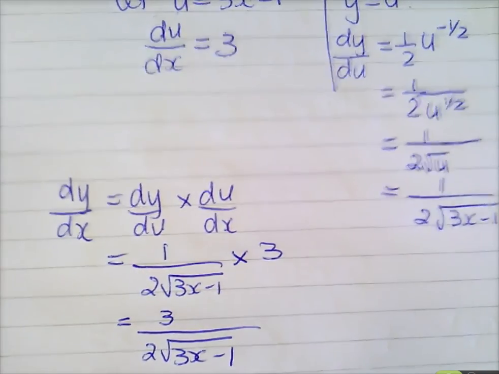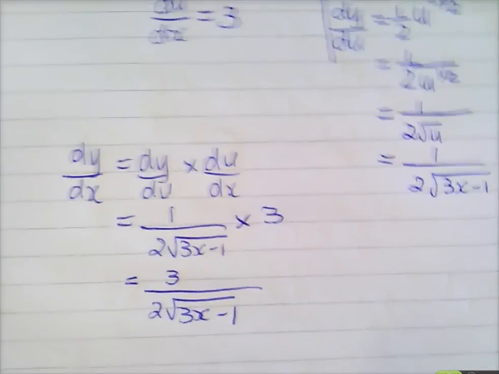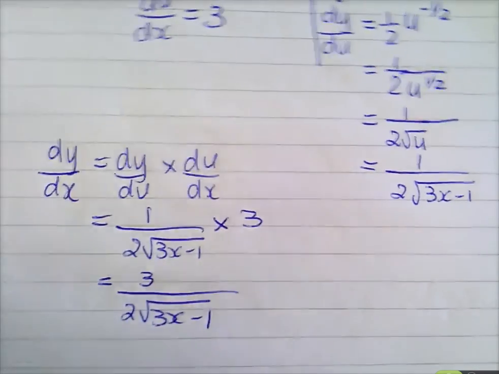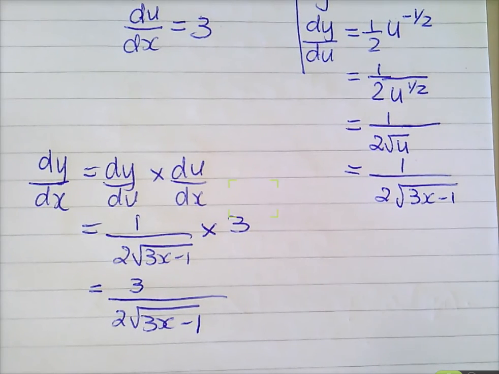So you would never, by choice, do this method. Never, ever, ever. The other way is so much easier. You're still just using the one rule of differentiation, but there happens to be a function there. Of course, it makes sense to differentiate that function.